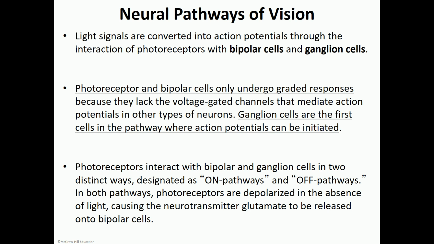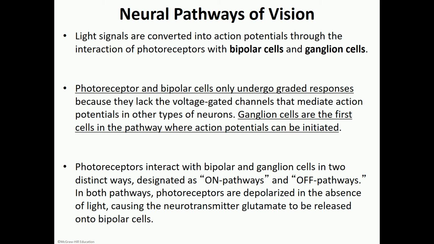Now, what is the neural pathway of vision? We already said that light is going to come from the side of the ganglion cells and then the bipolar cells, and then hit the rods and cones. But again, it's the photoreceptors, those rods and cones, that have the ability to pick up the light. The photopigments change their chemical composition and lead to a graded potential.